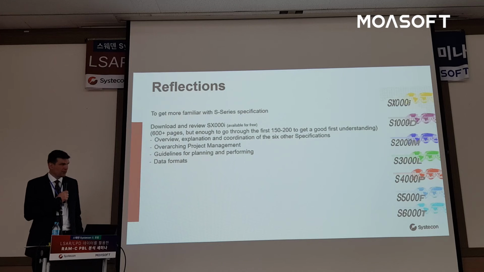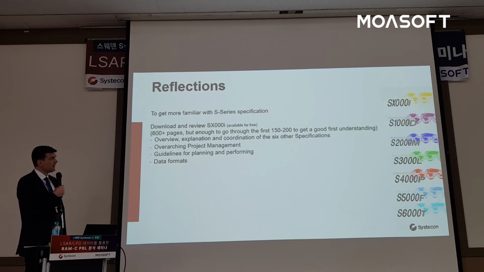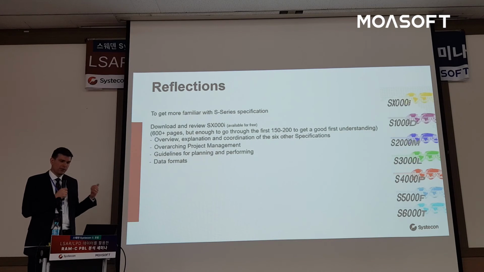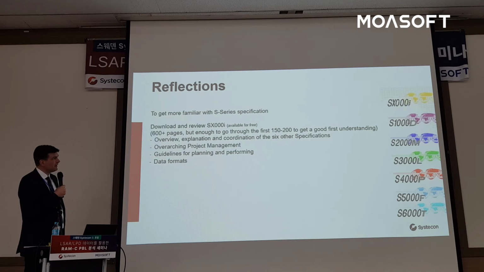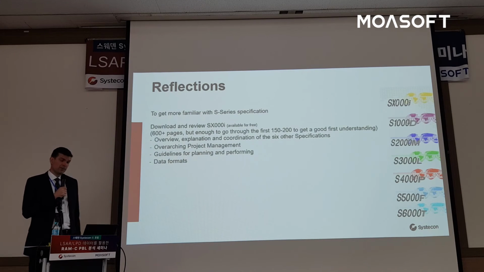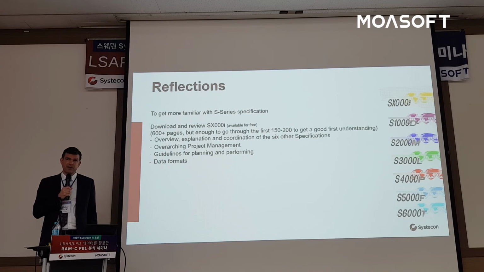So it's a huge standard, but if you want to learn more, the good advice is to start with the SX000I. It's really meant as an overview. So all these standards can be downloaded for free. So that's a good one to download. It's also 700 pages or so, but the first 150 pages are enough to get a good overview understanding of the standard.